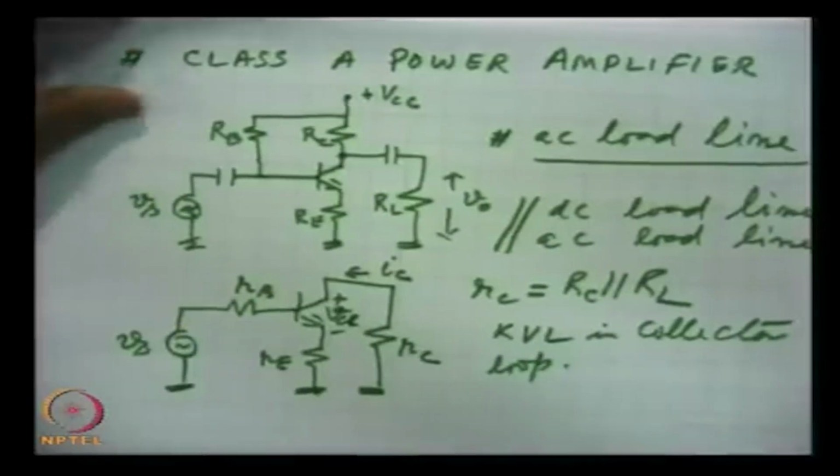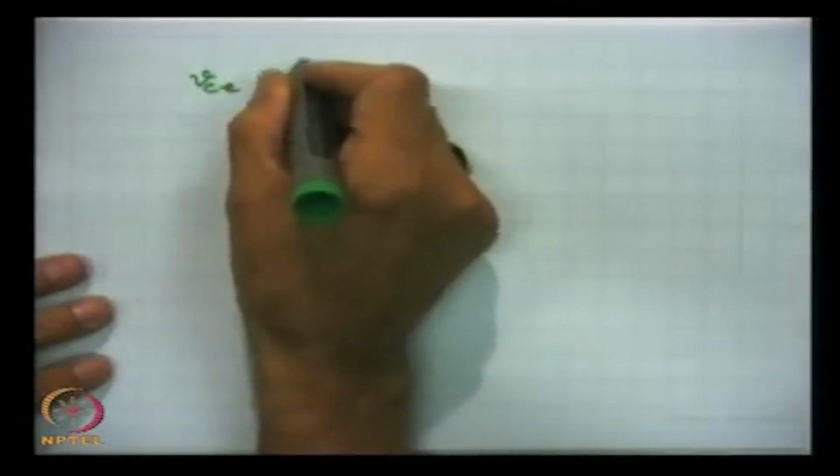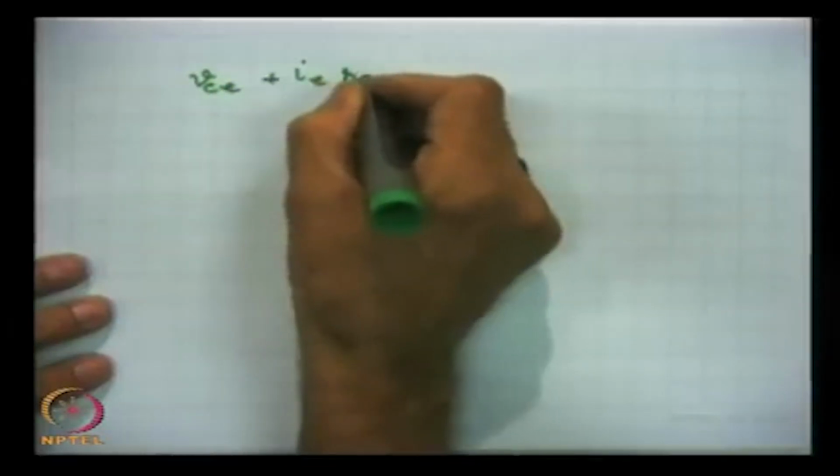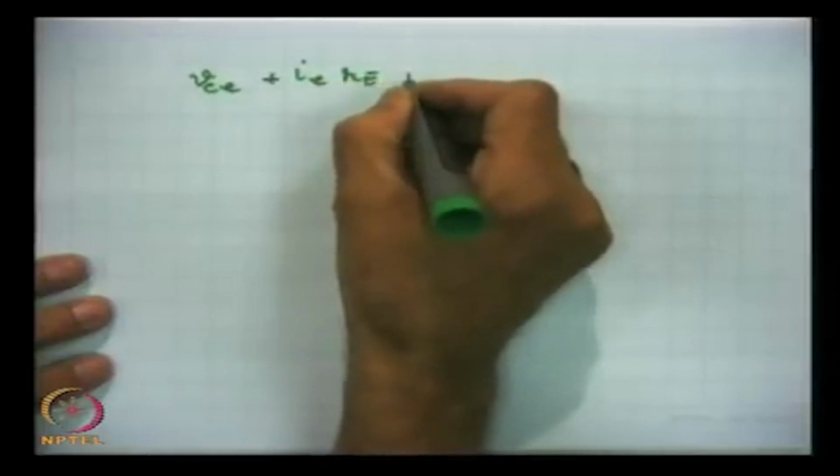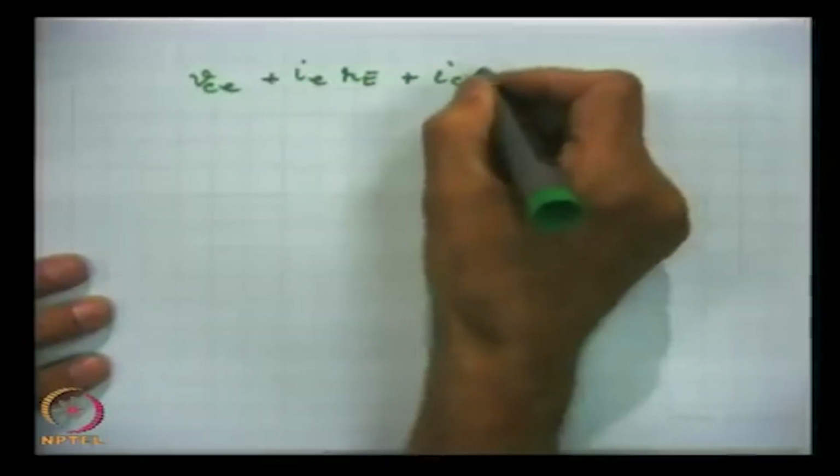When we do that, we get the equation VCE plus IE RE plus IC RC equal to 0.